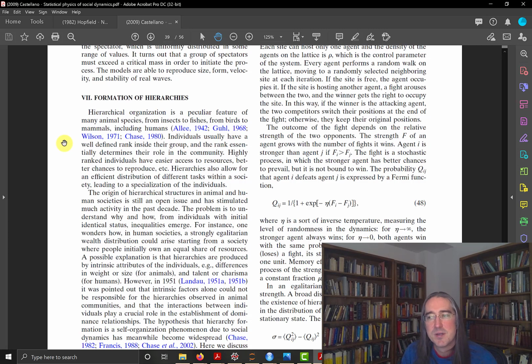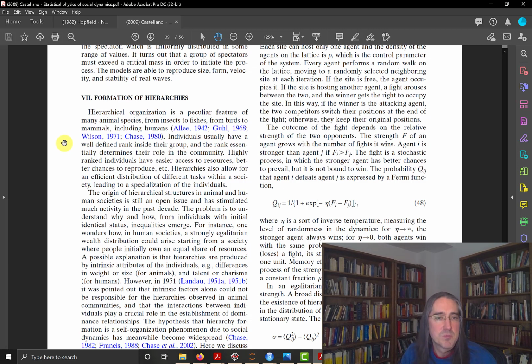It's not just humans building hierarchies within their cultures. In troops of monkeys, you have hierarchies. In insect colonies, you have hierarchies. Sort of all levels of animal have hierarchy development.